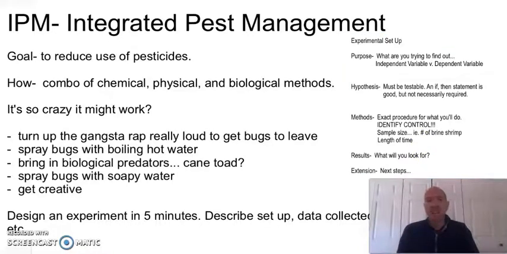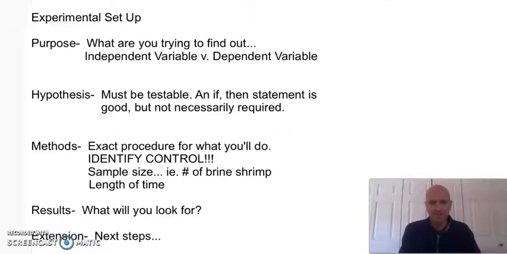And then eventually I'm going to say what results I'm looking for. After 10 minutes, I'm looking for the number of dead brine shrimp. You want to be as specific as possible with the results. And then with extension, here's a next great step. We're going to replicate the experiment 1,000 times to make sure that this data is good. So go ahead and hit pause and write up your experiment.